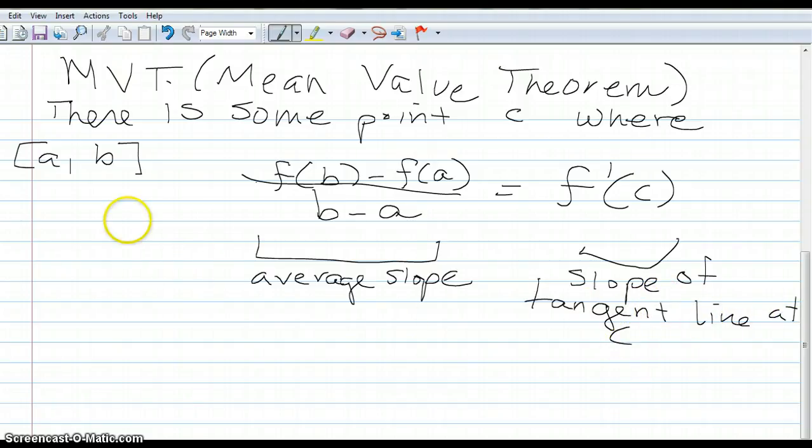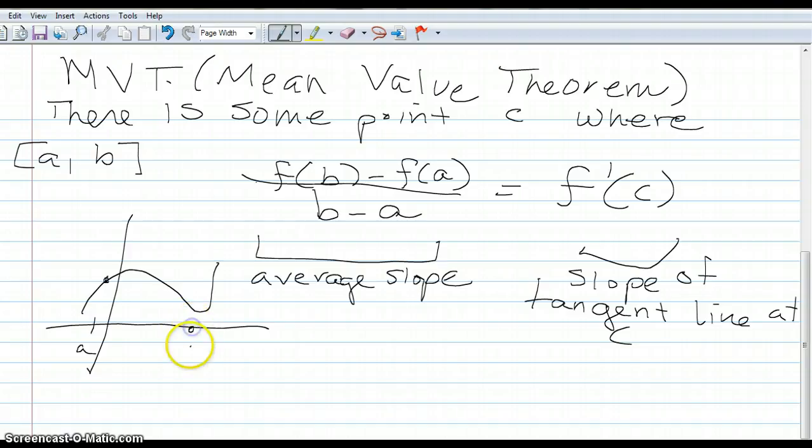So what we're saying is if you've got any function and you pick any two values, let's say this is a and this is b down here, then the left-hand side, f of b minus f of a over b minus a, is the slope of what we call the secant line, the line containing those two points.